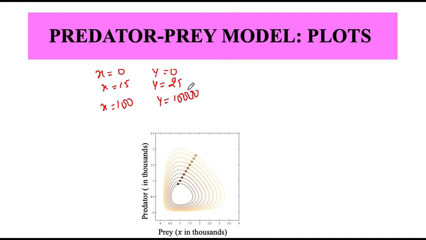Let us say x equals 100 and y equals 10,000. Initially there are a lot of big fish to eat small fish, so you will see a drastic reduction in the size of x.